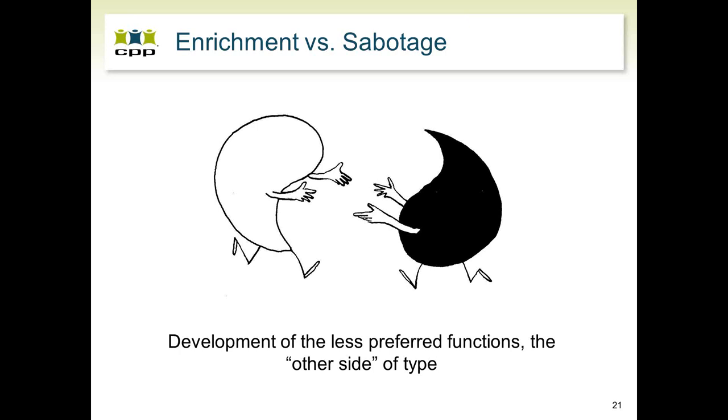The heart of type is sometimes referred to as the core of type. It's the type table columns. The type table columns are identified in the MBTI manual, in Introduction to Type, and in Introduction to Type Dynamics and Development with specific characteristics that are related to each one.